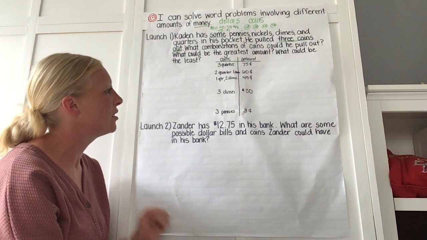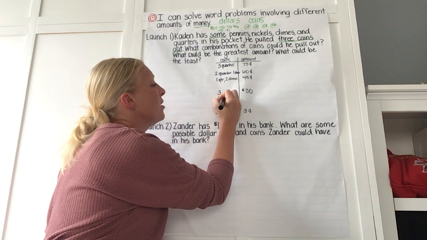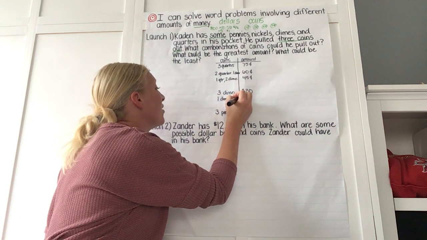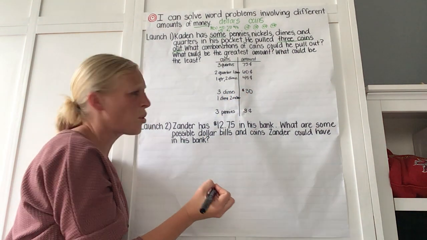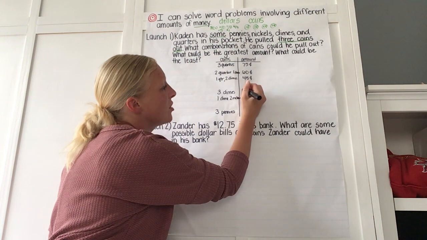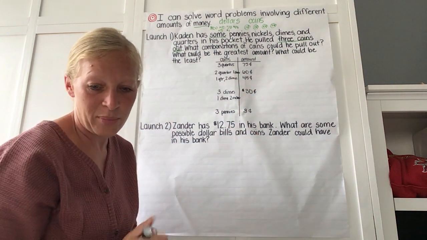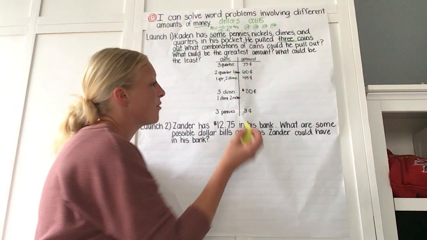How's that sound? Ooh, 1 dime and 2 nickels. How much is that worth? How did you know it was worth 20 cents? Oops, look at that. I put dollars instead of cents on that one. Whoops, daisy. There's a big difference between those two, isn't there? I'm glad you pointed that out, friend.